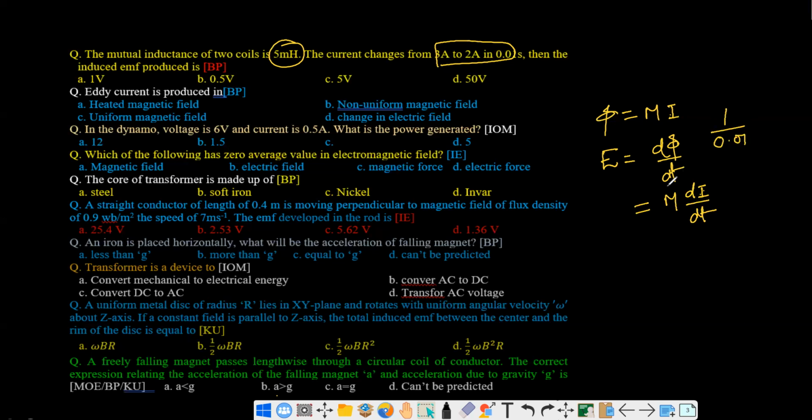So you can easily multiply: this is 5 into 10 to the power minus 3, and the denominator has 10 to the power minus 2, which comes down, so the answer is 0.5 volt, that is 5 into 10 to the power minus 1. Okay, the answer here is 0.5 volt.